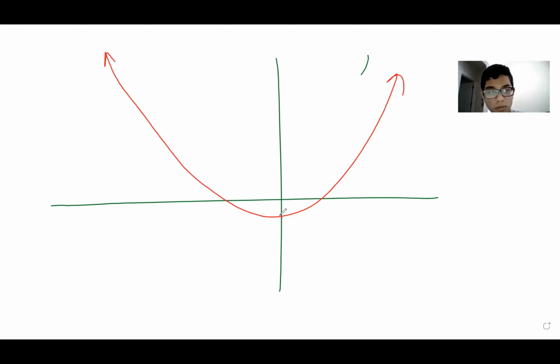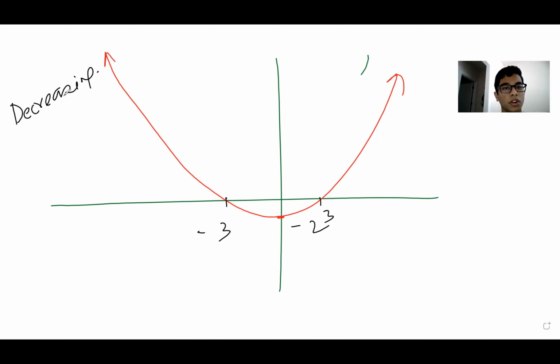Let us say this is your minimum at -2. These are my intercepts at -3 and let us say +3. Now tell me, what is the decreasing interval?